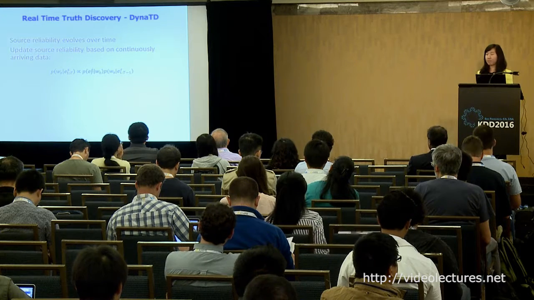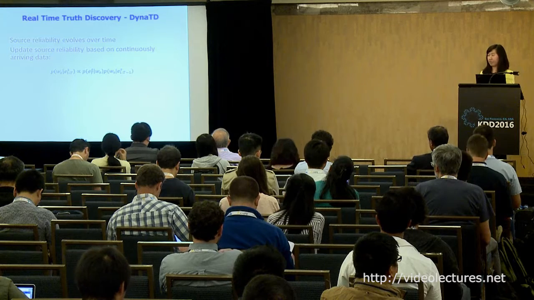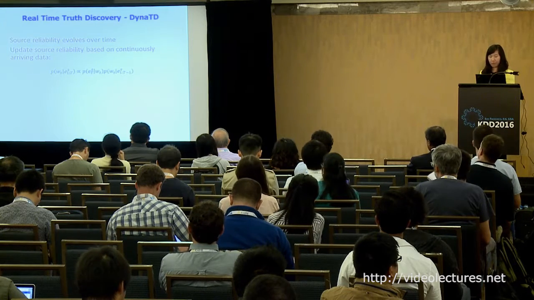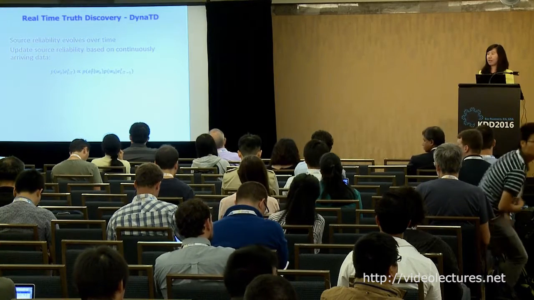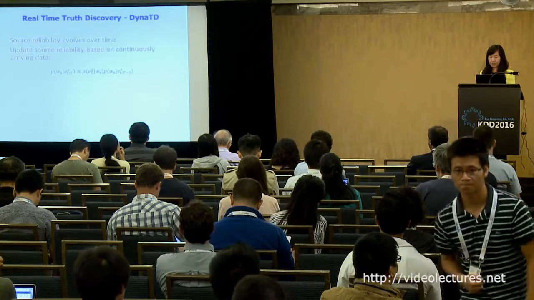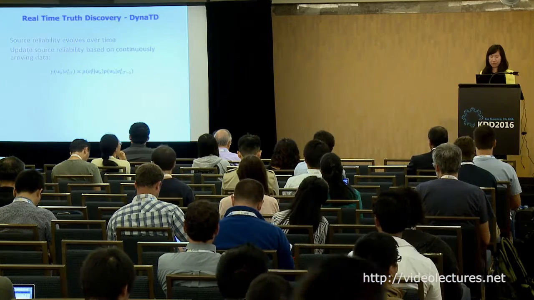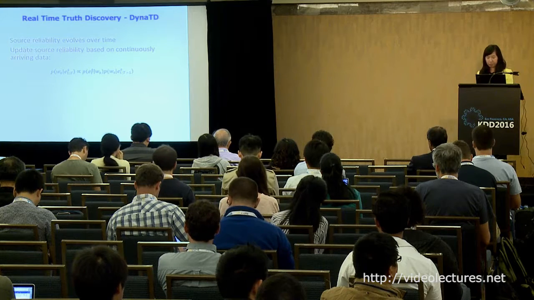So we just update this probability by the error observed at time T. After we update this source reliability, we can use it to compute the truth. So this is basically an incremental truth discovery method.